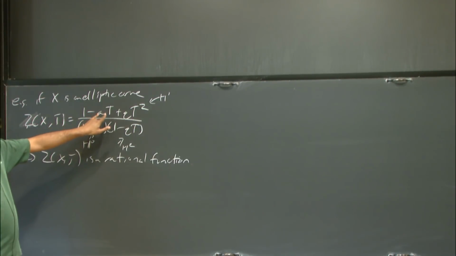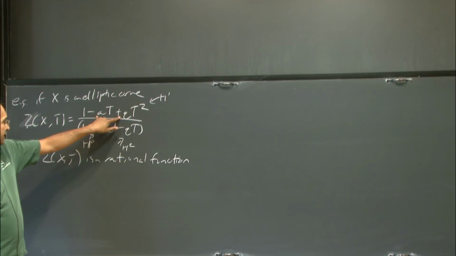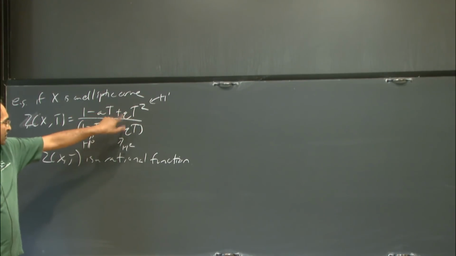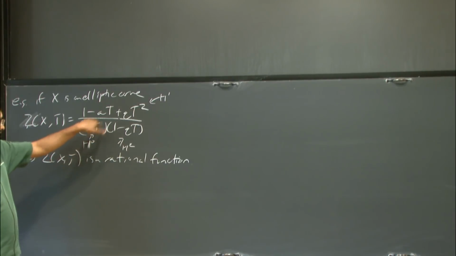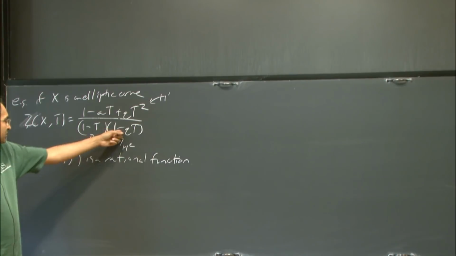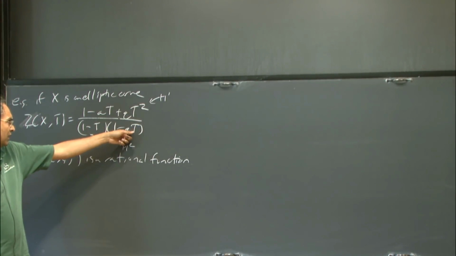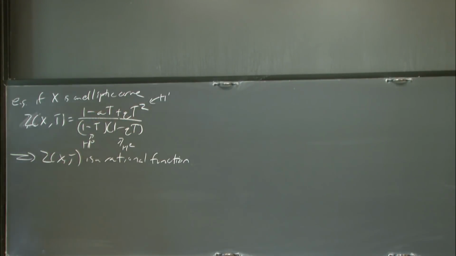For example, there's a theorem of Hasse that tells you that the absolute value of a is at most 2 times the square root of q, which means that this quadratic has a pair of complex roots instead of real roots. And in particular, those complex roots have absolute value q to the minus a half. So that tells you exactly what all the complex absolute values of the zeros and poles are: here you have a root of complex absolute value 1, here you have a root of complex absolute value q to the minus 1, and here you have q to the minus a half upstairs.